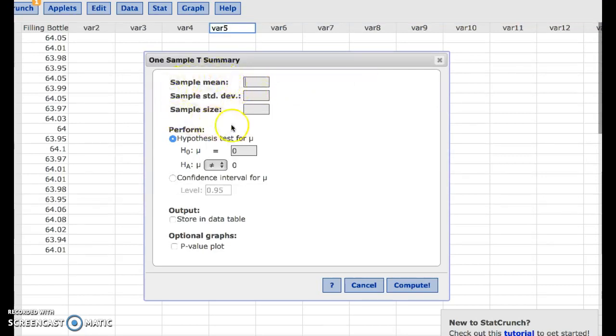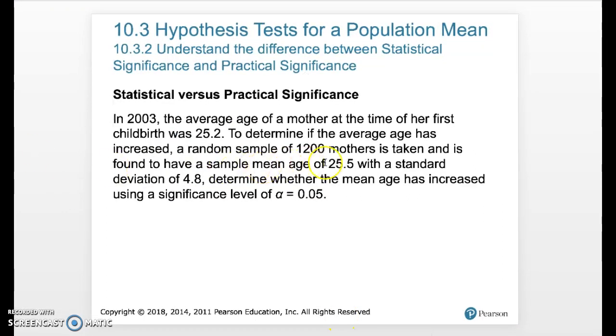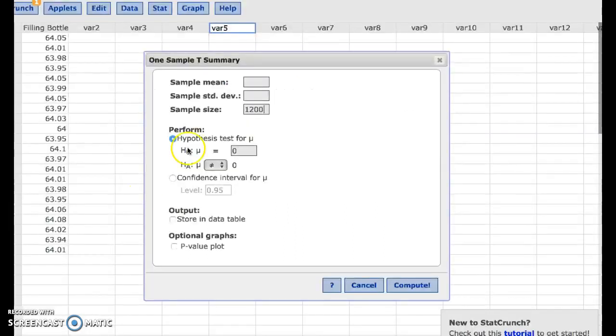So notice the information we have to fill in is sample size, mean, and standard deviation. Our sample size was the 1,200. And let's go back here. We have 25.5 for our mean and 4.8 for our standard deviation. All right, so we'll look carefully at this. Double check.